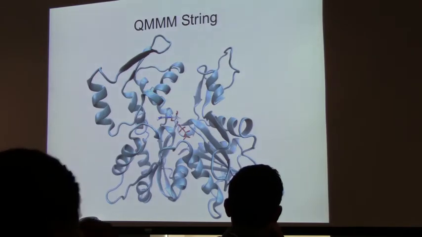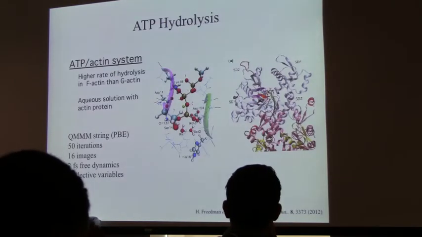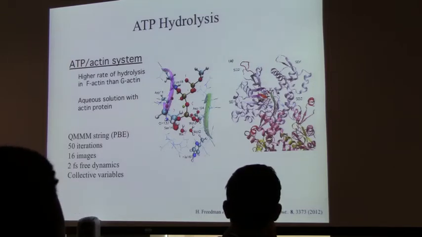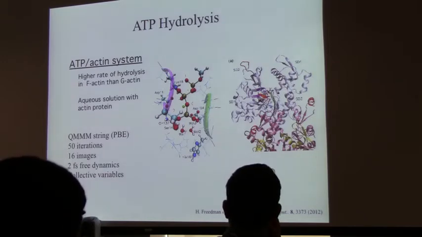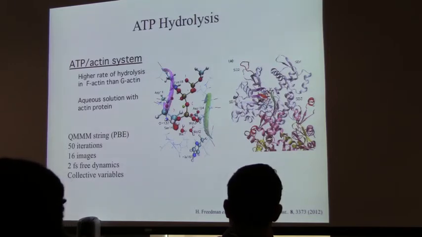One of the main reasons why this is important in actin is that there's a direct, or assumed, relationship between the conformation of the actin protein and the rate of hydrolysis of the ATP. For instance, in F-actin, the actin in the filament, you see a 70 times faster rate of hydrolysis of ATP than in actin in solution.